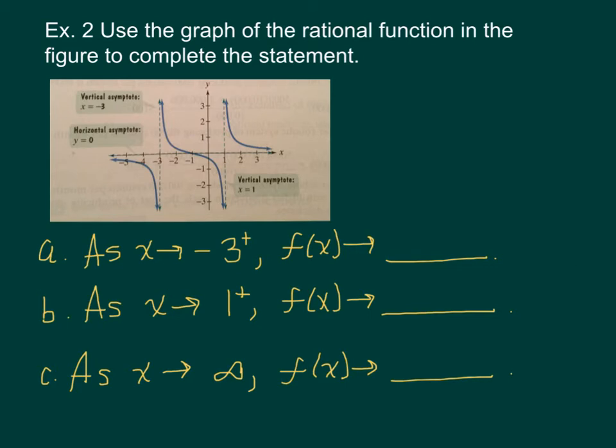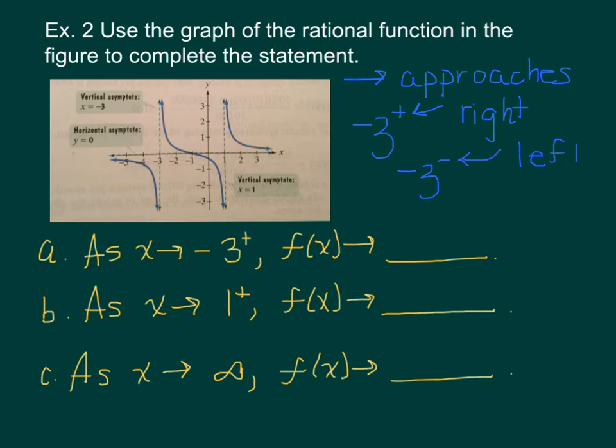So when you see this symbol, this means approaches or gets close to. And you'll see the number. So for example, you see negative 3. If you see this symbol right here, that means we're approaching from the right. If you see a minus, that means we're approaching from the left.